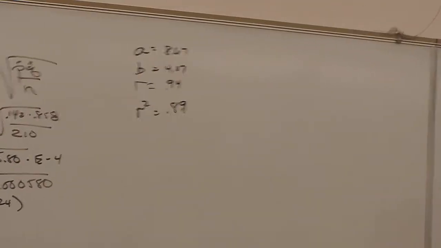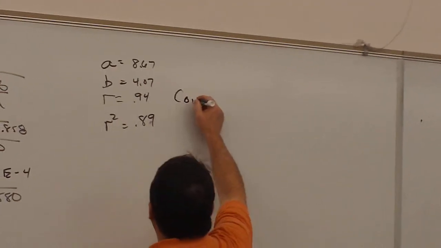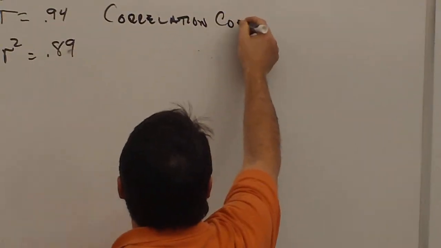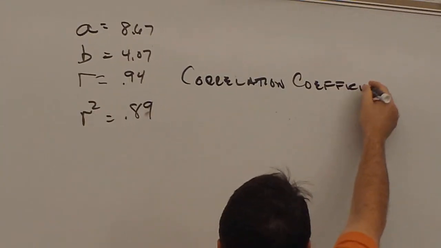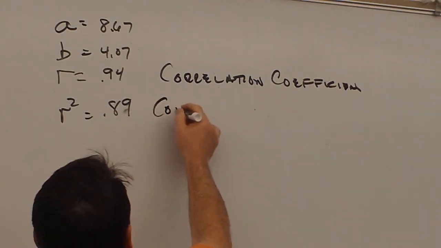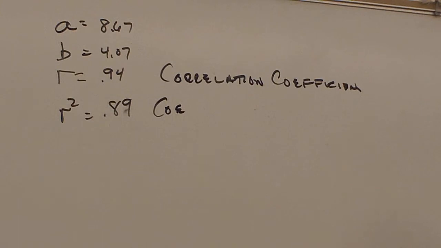R is the correlation coefficient. R squared is the coefficient of determination.